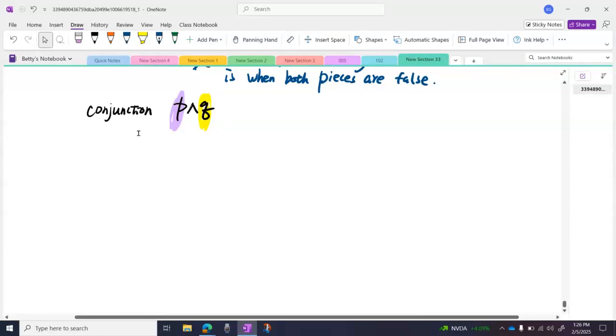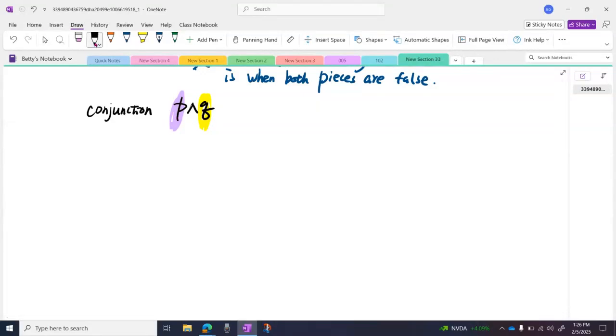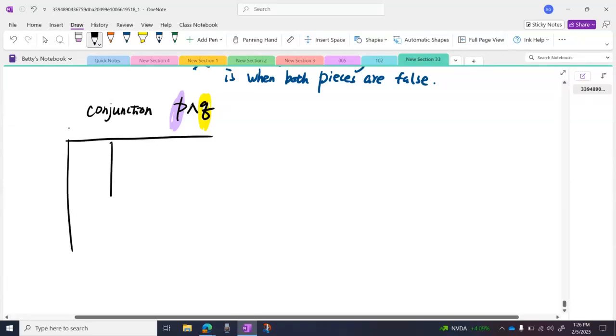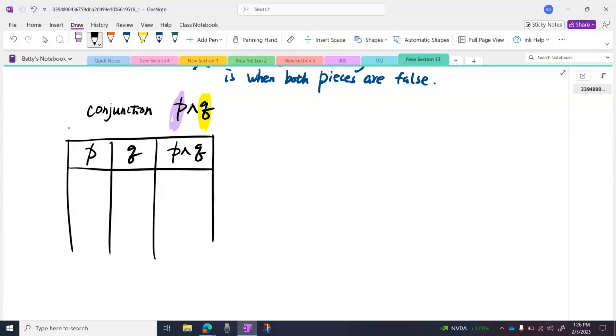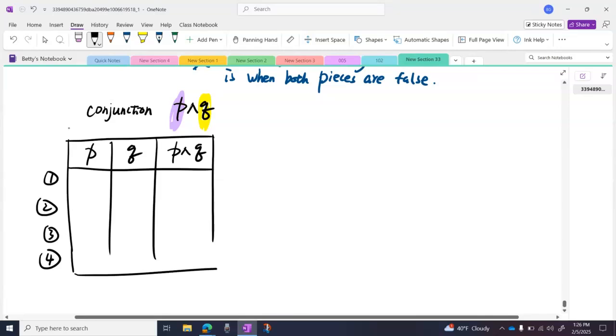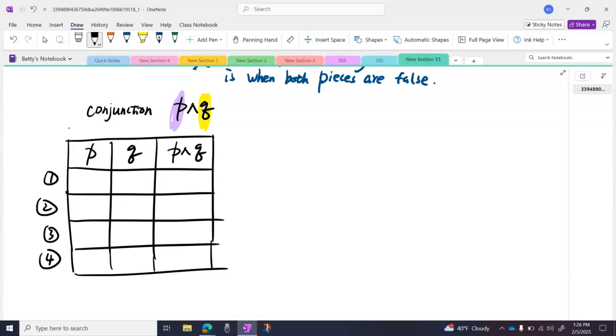Then the truth value of this conjunction obviously depends on the truth value of the two pieces, right? The two pieces in this case are just two simple statements. One piece is P, the other is Q, and in the last column we have P and Q. Same as earlier, we only have 4 cases for the truth values of the two pieces P and Q. The 4 cases are TT, TF, FT, FF.